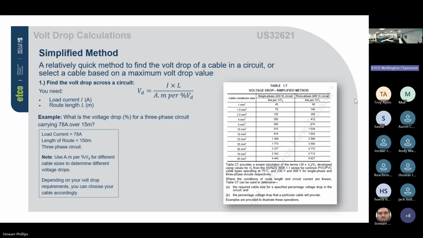For 16 mil cable, what would our volt drop percentage be for 16 mil? Remember, we're using the three-phase. So the three-phase number is a bit higher.